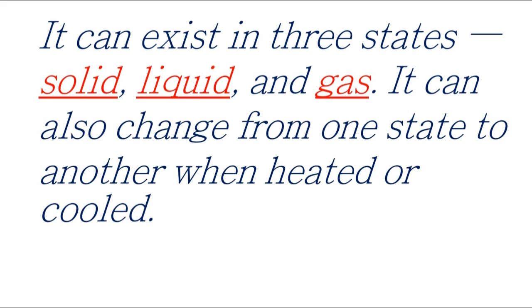And this water, when you heat it, will boil. The boiling water forms water vapor or steam, which is in a gaseous form. So, this simply explains that matter can change from one state to another when heated or cooled.